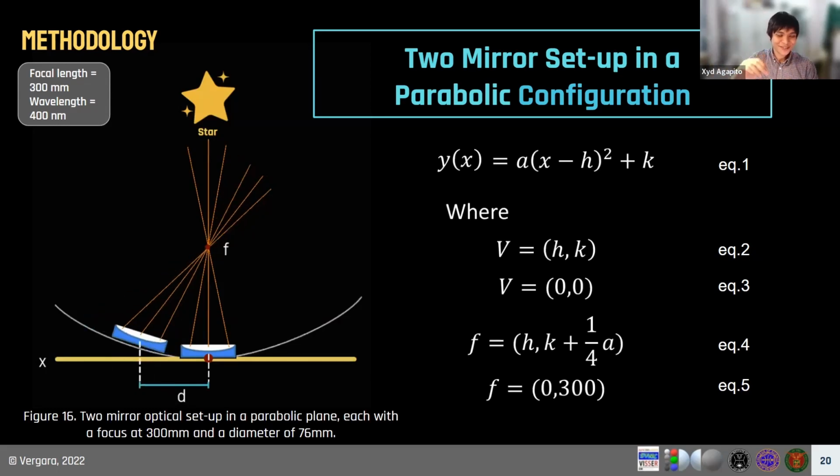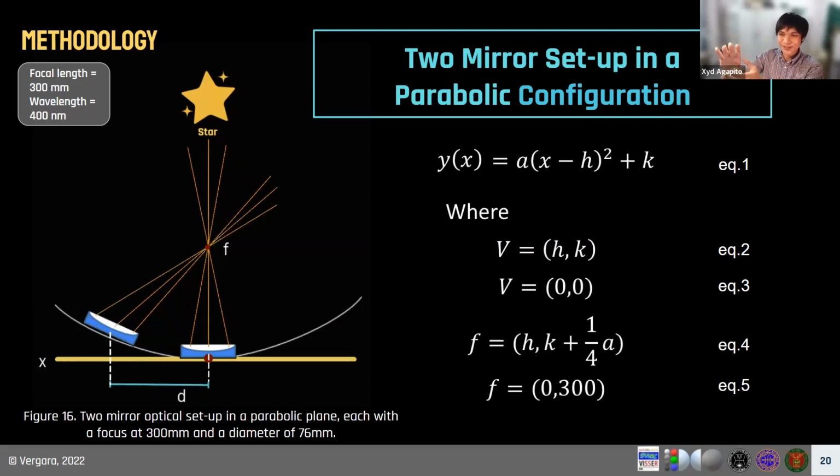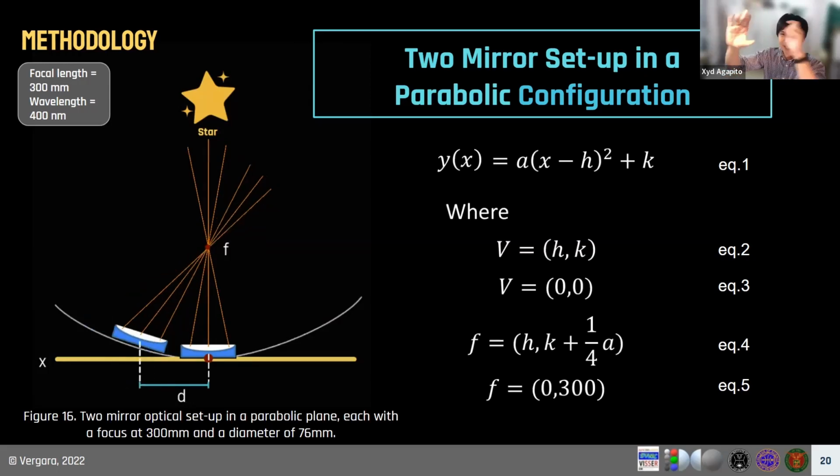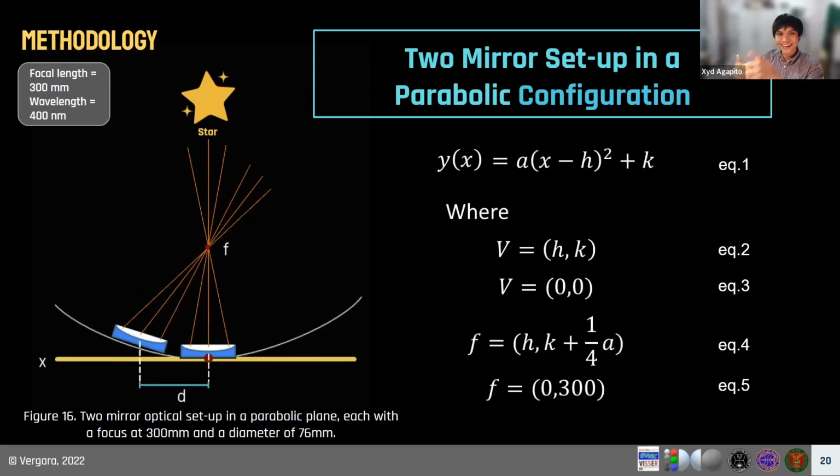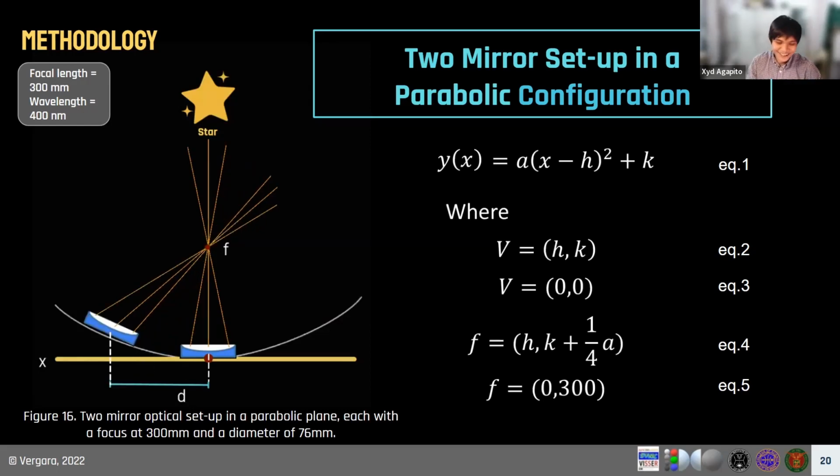But maybe you can also, from one mirror, add another mirror. And then from that second mirror, you create another parabola. It's going to be different from the first parabola. And then you add the third mirror there. And what could be the result there? So I think that's an interesting addition.